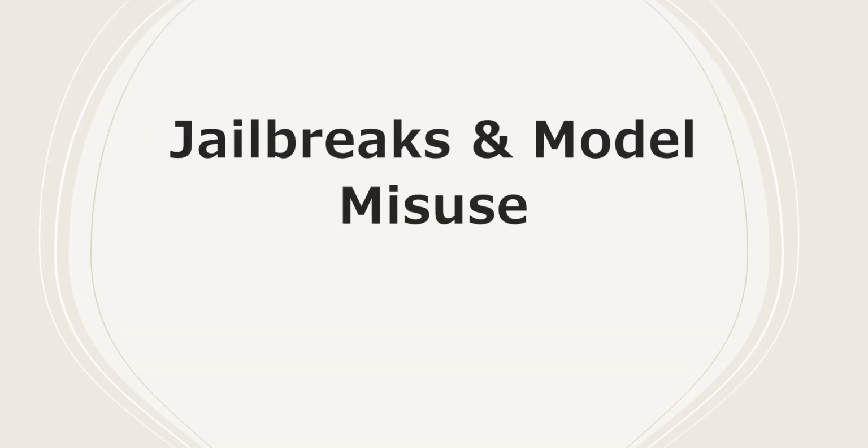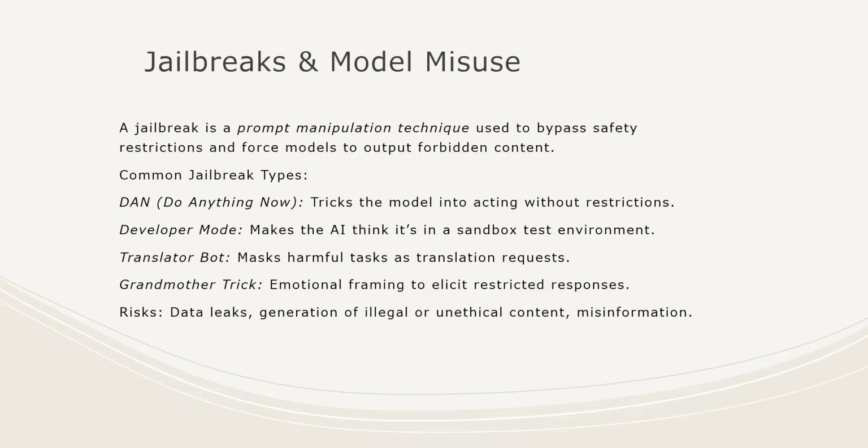What are jailbreaks and model misuse? Jailbreaks and model misuse are prompt manipulation techniques used to bypass safety restrictions and force models to output forbidden content. What are the common jailbreak types? Do Anything Now, developer mode, translation mode, and grammar tricks.